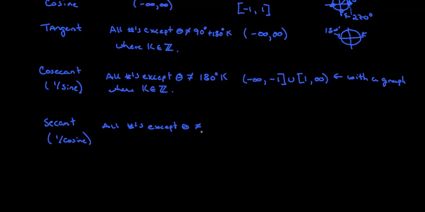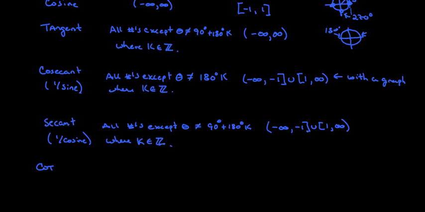Cosine is 0 at 90 degrees, and down here at 270 degrees. So basically 90 plus multiples of half revolutions, so 90 degrees plus 180k, where k is an integer. The numbers we can get out are the same as for cosecant: negative infinity to -1 union 1 to infinity.